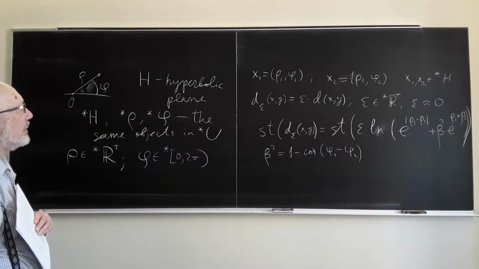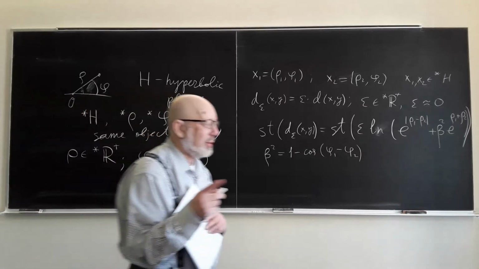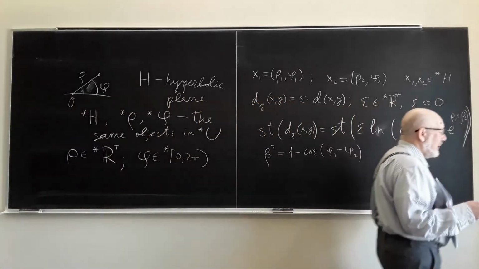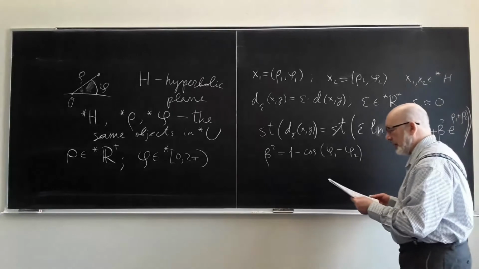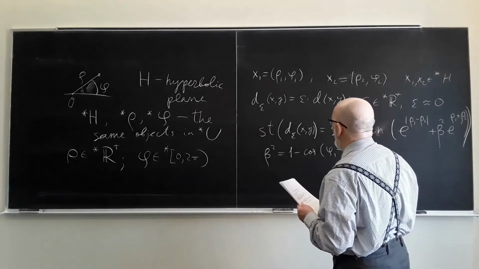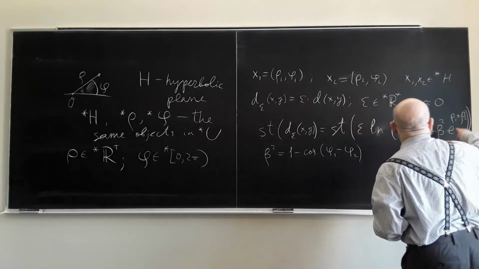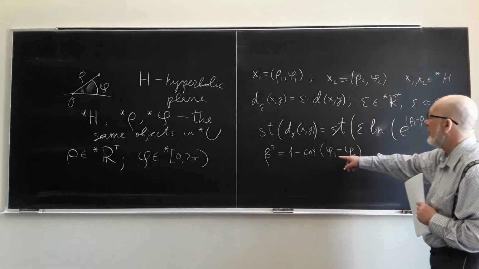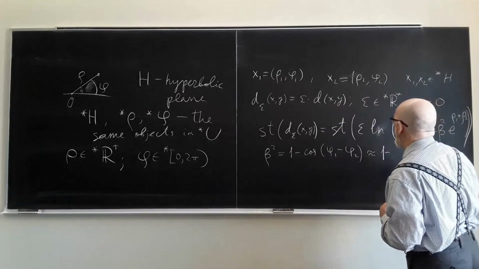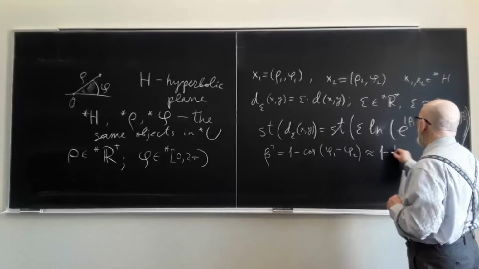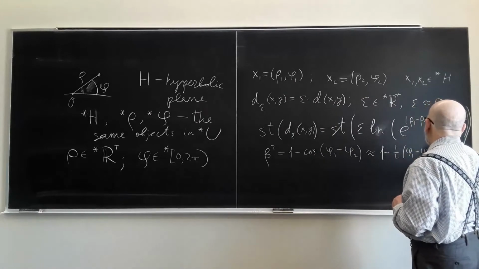Now, we are interested in the case when phi1 minus phi2 is infinitesimal, so we can replace this by 1 minus 1/2 (phi1 minus phi2) square.